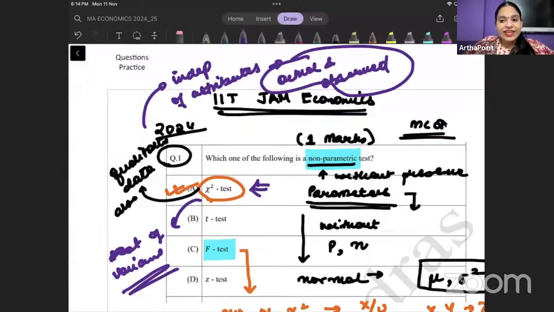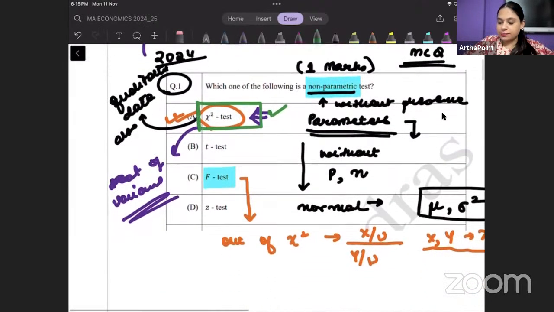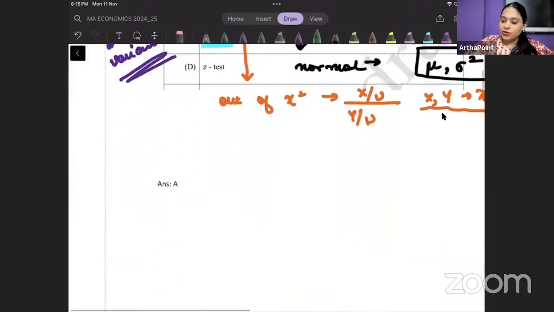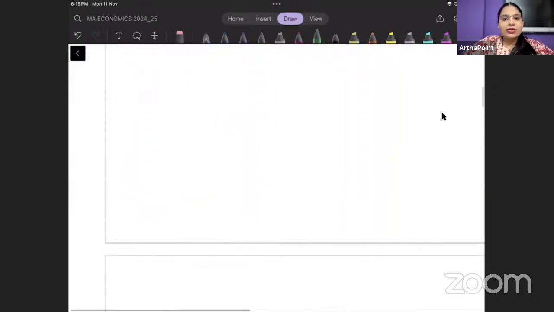So therefore, chi-square is in fact a non-parametric test. You're right. The correct answer to this question should be A. Good. Most of you have answered it correctly. Okay. Let's go on.